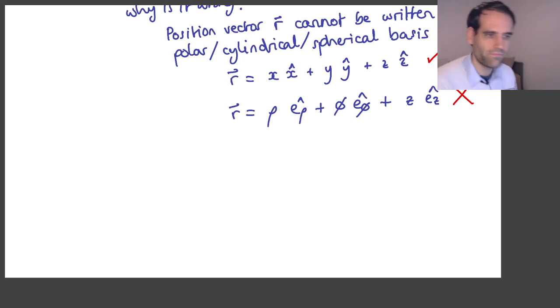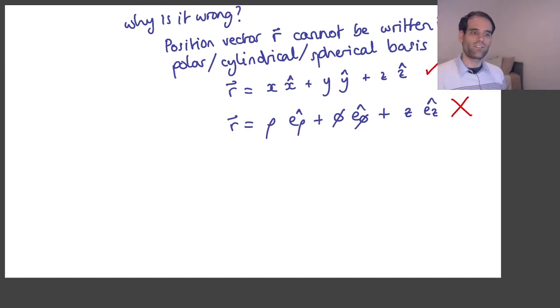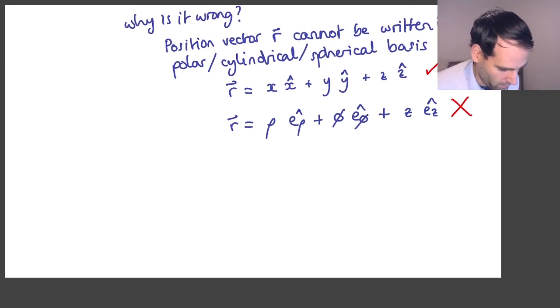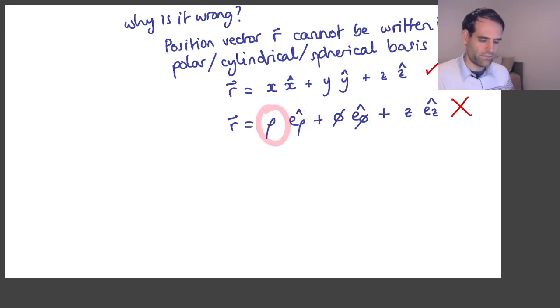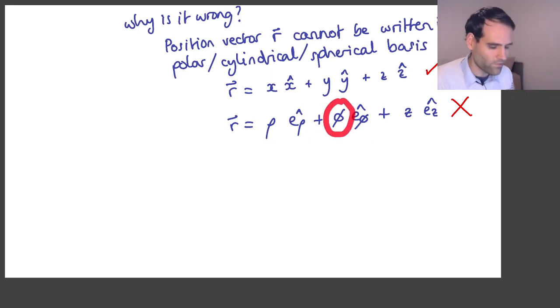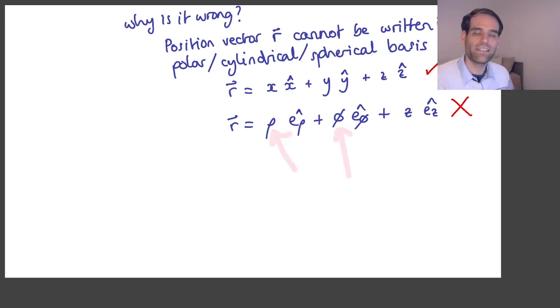First of all, the units don't make sense. The unit vectors, we could say they are unitless. Rho is a distance, it's measured in units of distance, maybe meters. Phi is an angle. You cannot add a distance to an angle. It doesn't make any sense.